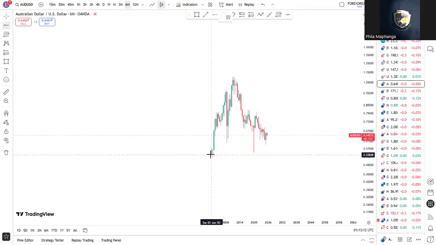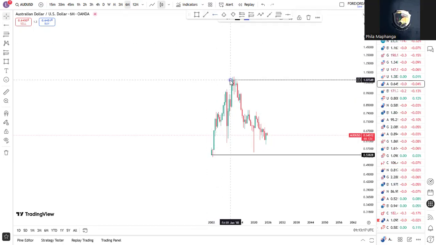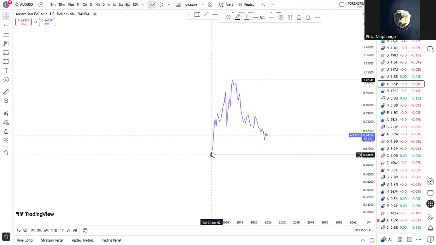I said whatever we do, our job is to find the support and the resistance level. So this is our support, this is our resistance level. So the $1 million question now is, where is the market coming from and where is the market headed?